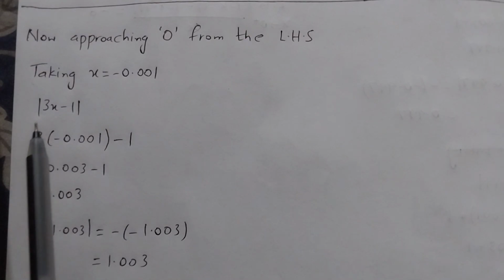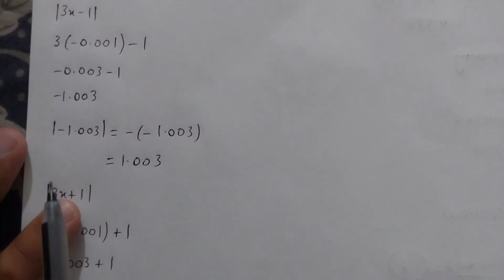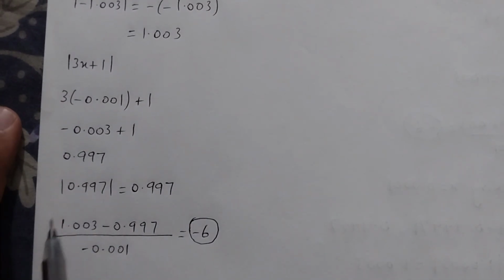So 3x minus 1 gives us -1.003, and when we take the absolute of this, we get 1.003, because when we take the absolute of a negative value, the answer is negative times the value. The absolute value of 3x plus 1 is equal to 0.997, and when we put the values of these two things in our original expression, we get the value -6.